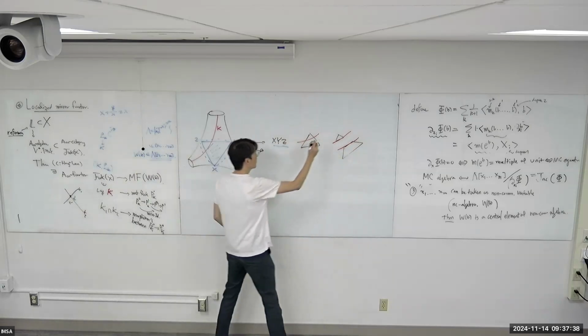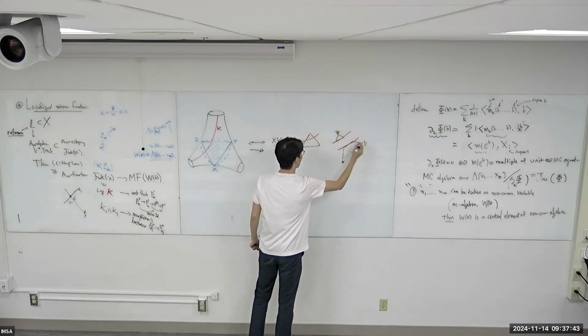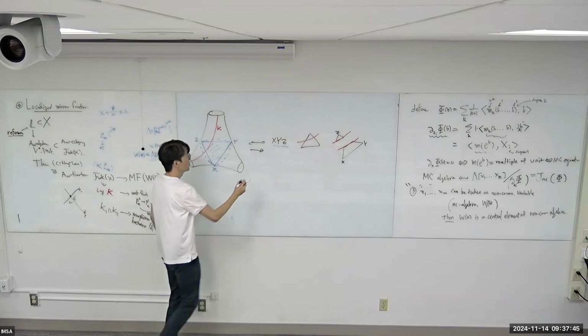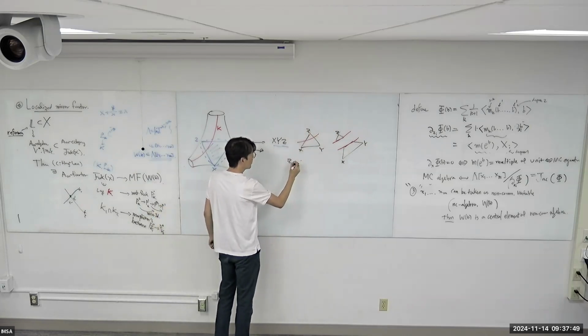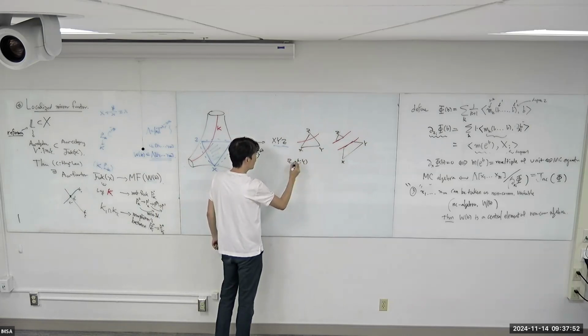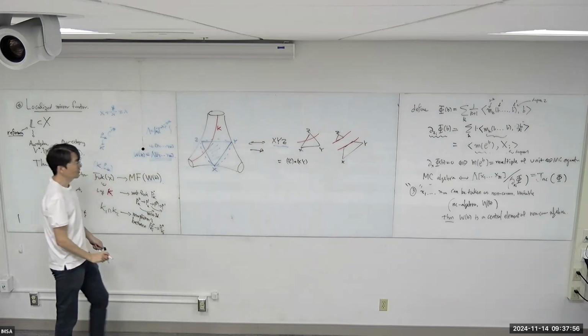So here we have Z, and here we have XY. And somehow we want to say that this corresponds to the factorization of XYZ as Z times XY.